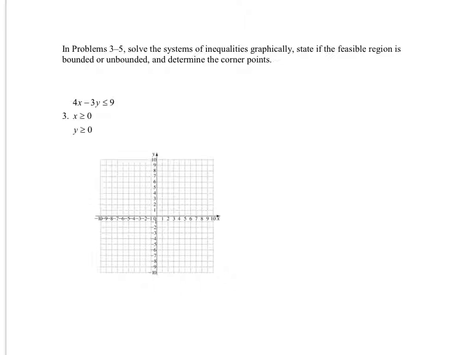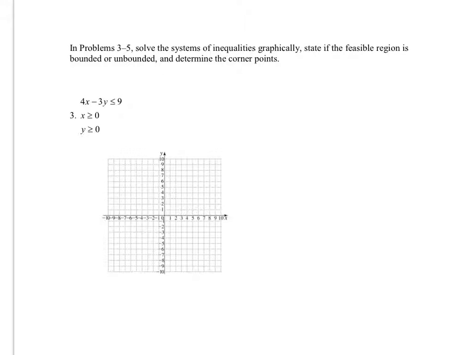So the first inequality we see here is 4x minus 3y, which is less than or equal to 9. Let's put that into slope-intercept form. So we're going to have a negative 3y is less than or equal to a negative 4x plus 9 when I move that to the other side.